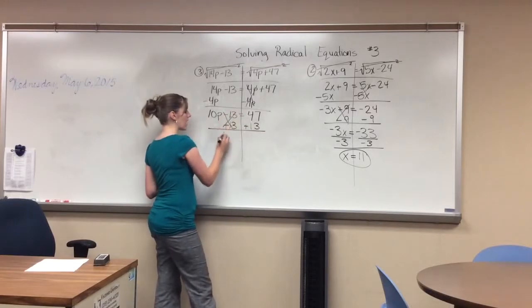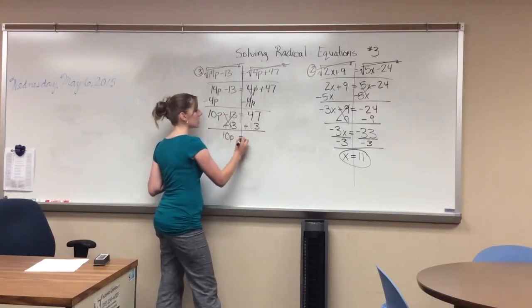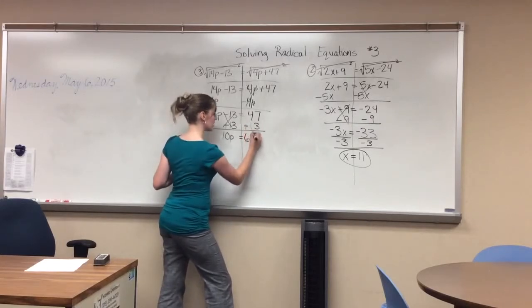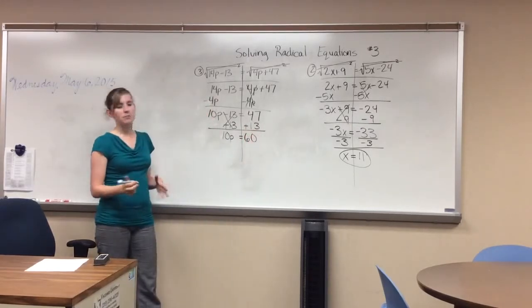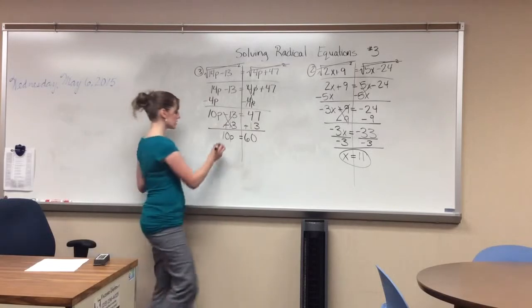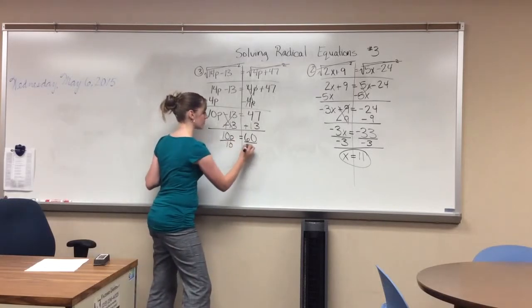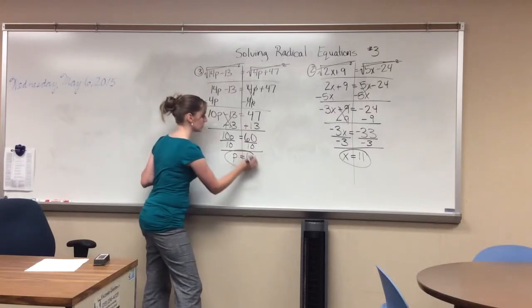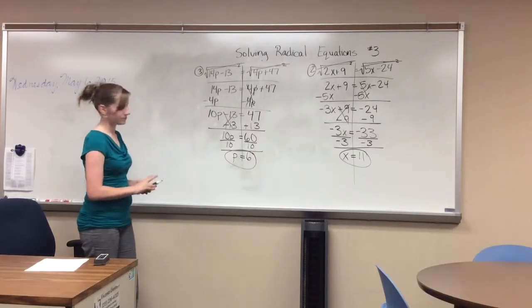They cancel. I get 10p equals 47 plus 13, which is 60. My last step will be to divide both sides by 10. So p equals 6 is my answer.